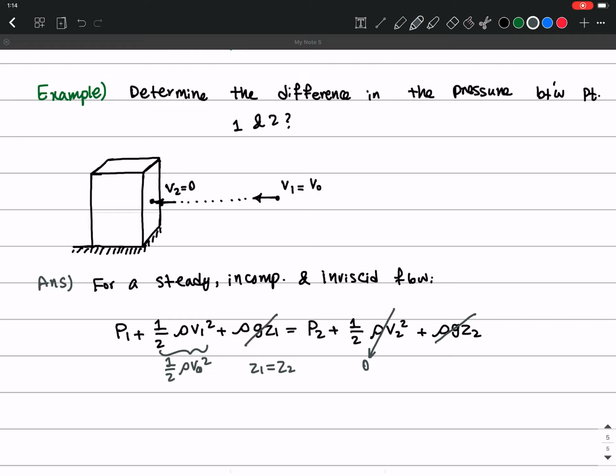So the pressure difference between point 2 and point 1 is as follows: P2, pressure at point 2, minus pressure at point 1 equals 1/2 rho V naught square.